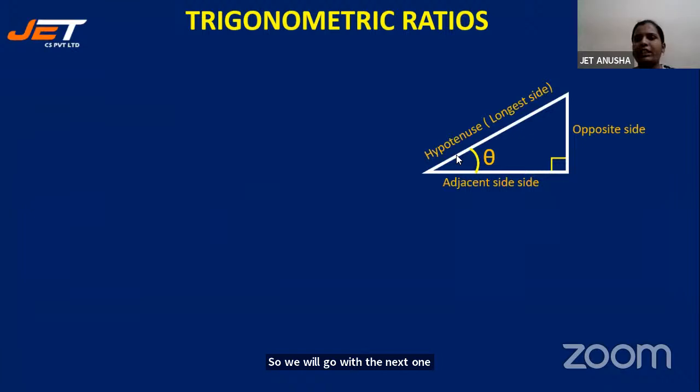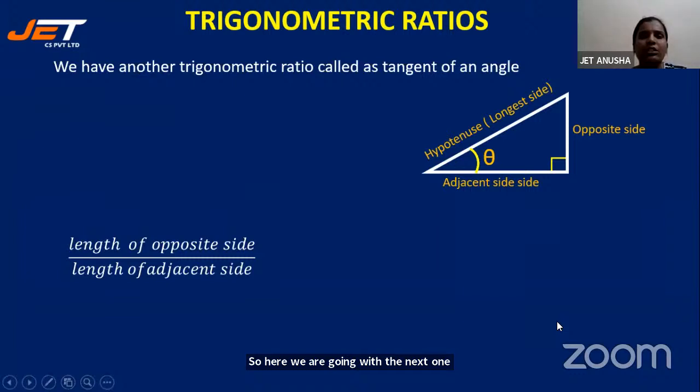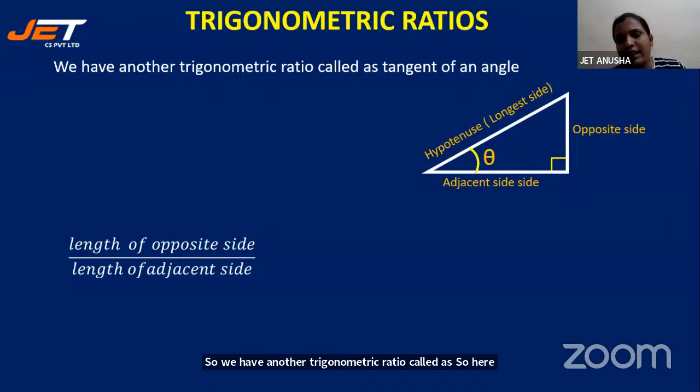Here we are going with the next one. We have another trigonometric ratio called tangent of an angle. Here it is length of opposite side by length of adjacent side.